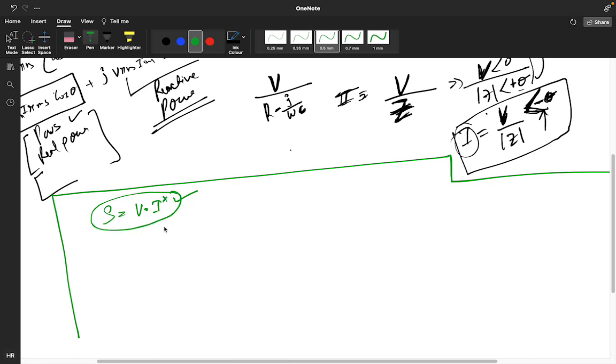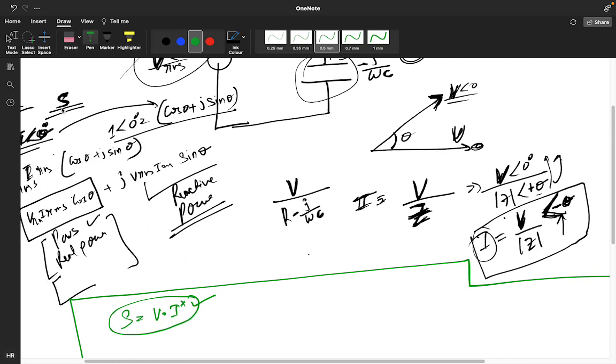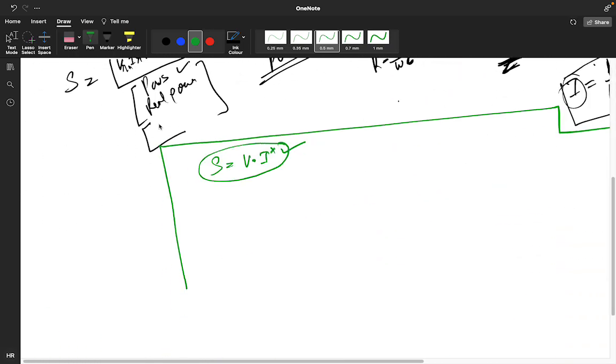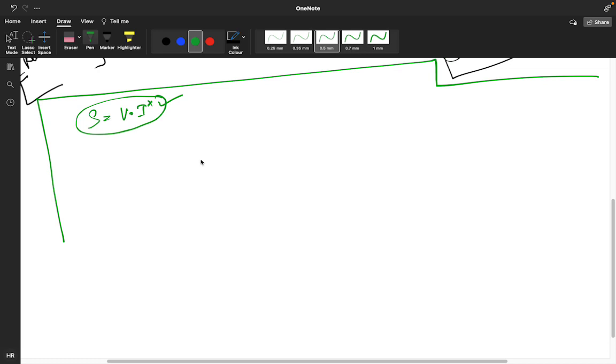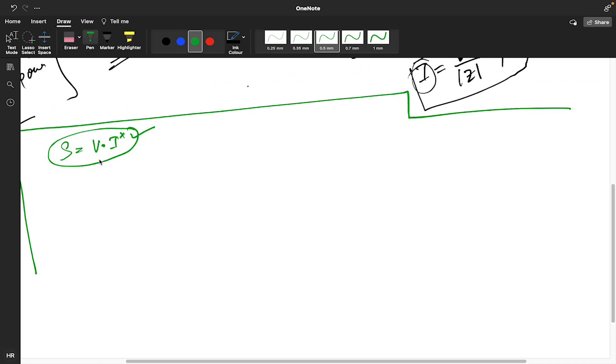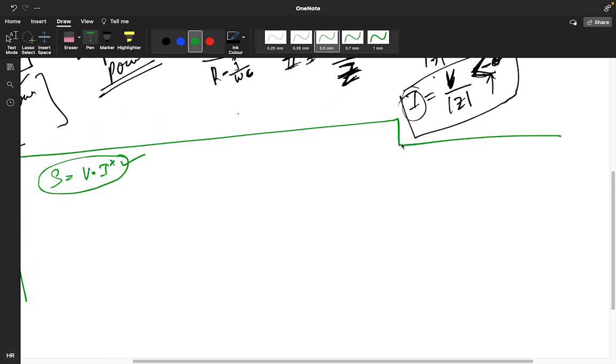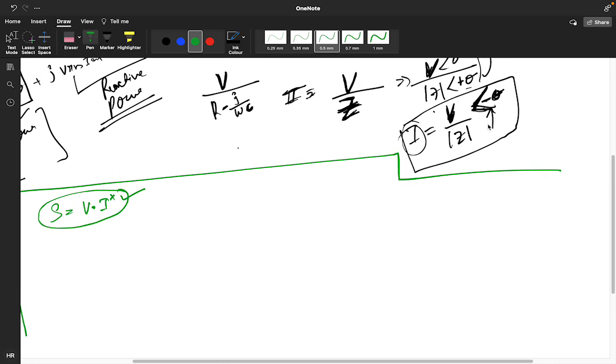We use this. Although you can apply these other things, it's okay, it's pretty good. But for examinations, you have to apply S is equal to V into I conjugate. Why so? Because the angle sign is getting reversed while you are putting it up.